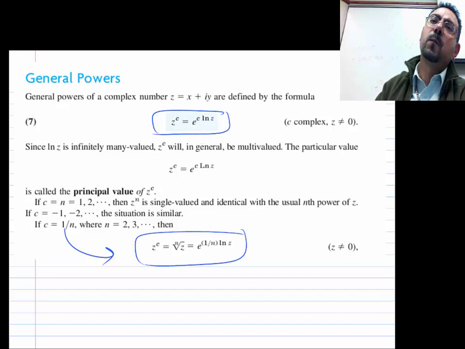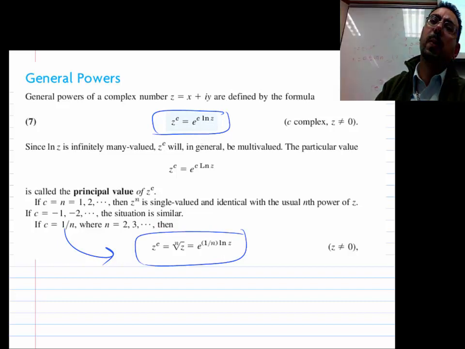Suppose we take the natural log of both sides. So this becomes c Ln z, and this becomes c Ln z. So c Ln z equals c Ln z, hence proved.